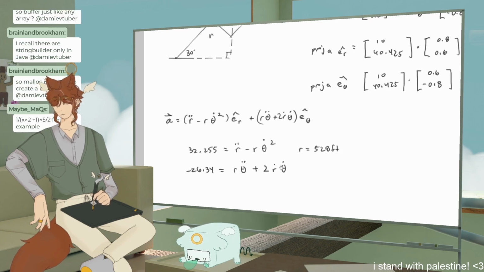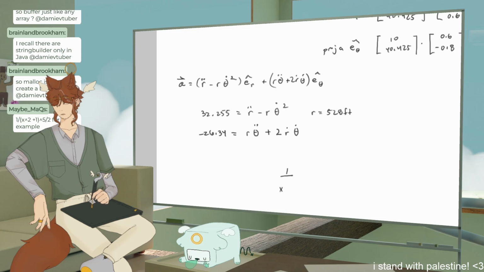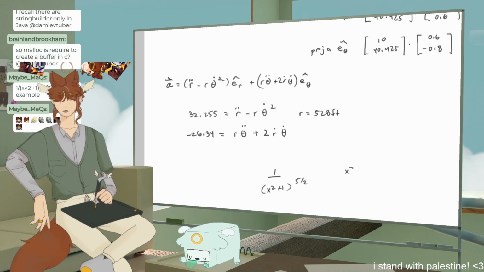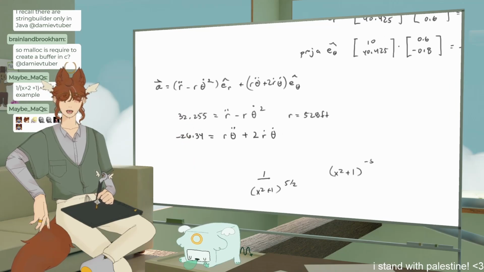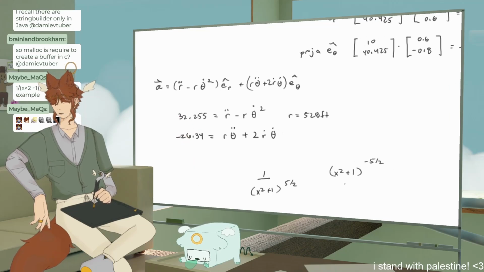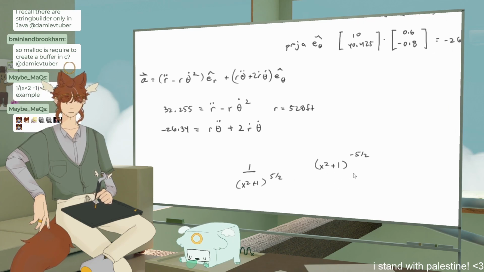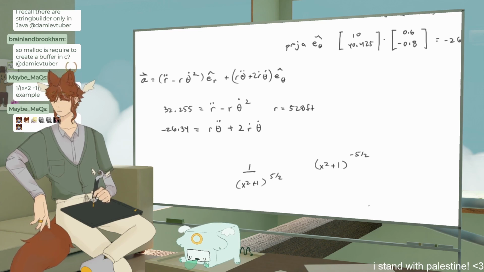Let's see. 1 over x squared plus 1 to the 5 halves. Oh, okay, so it's like x squared plus 1 to the negative 5 halves. Ooh, that's good. Do I remember how to do this? Oh god, I don't know. Maybe you could use sub? No, you can't use sub. What am I talking about? How would you do that? Let's see. Trig sub? No. That would suck also.